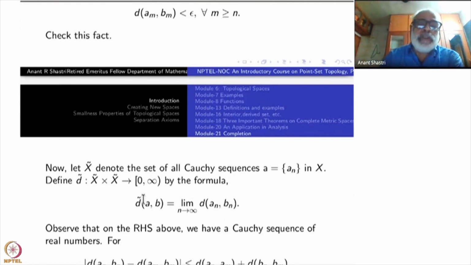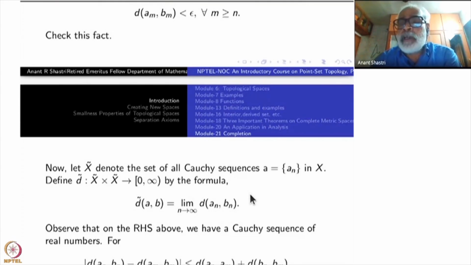That's what d hat of (A, B), so d twiddle of (A, B), is: the limit of d of (a_n, b_n) as n tends to infinity. Now here I want to caution you. Why does this limit exist? Both a_n and b_n are Cauchy sequences.